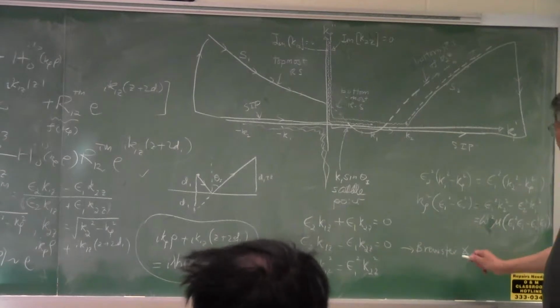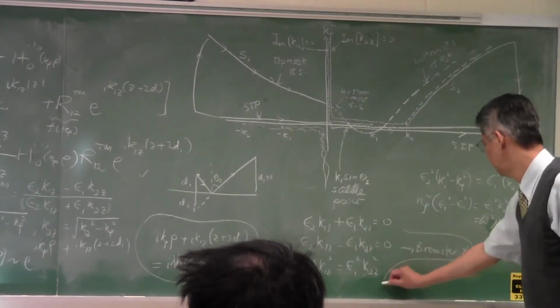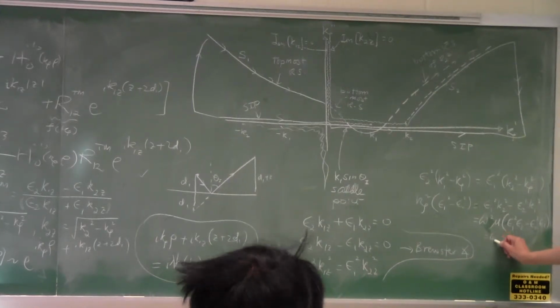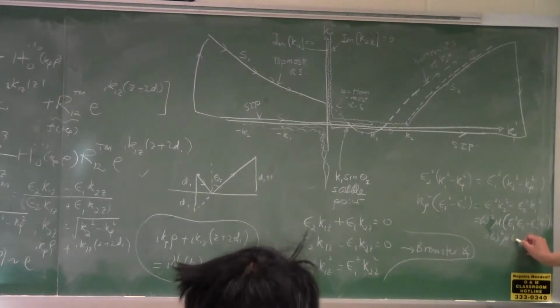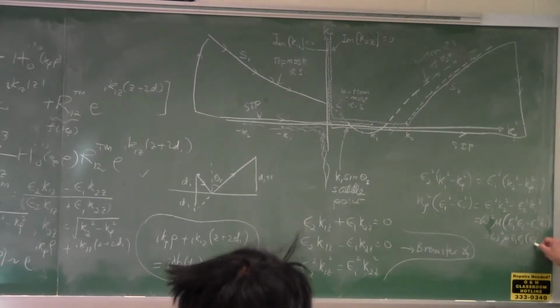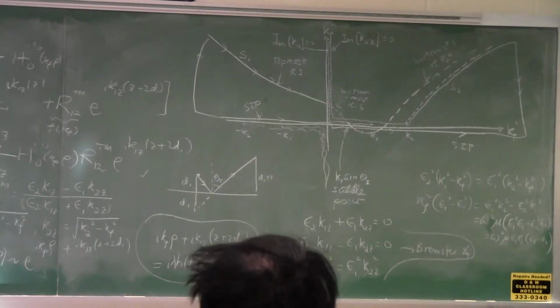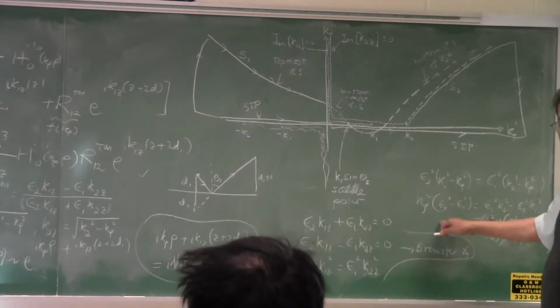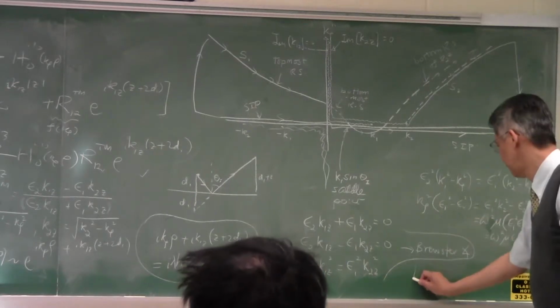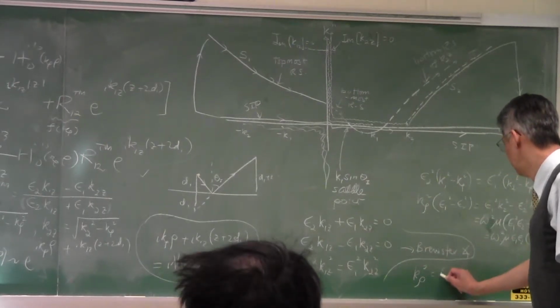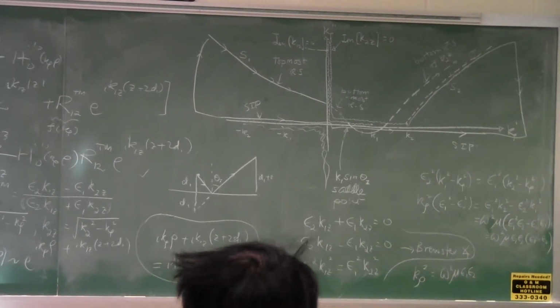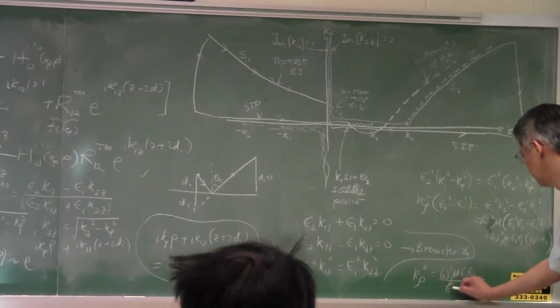So if I simplify this further, this is omega squared mu epsilon 1 epsilon 2 (epsilon 1 minus epsilon 2). I simplify the right hand side further. But then there's an epsilon 1 minus epsilon 2 in here, because this is the completion of the square, right? A squared minus b squared. So finally I get k rho squared is equal to omega squared mu epsilon 1 epsilon 2 divided by epsilon 1 plus epsilon 2.